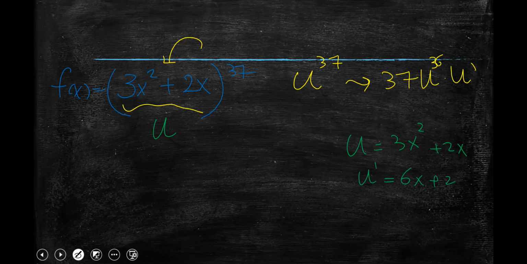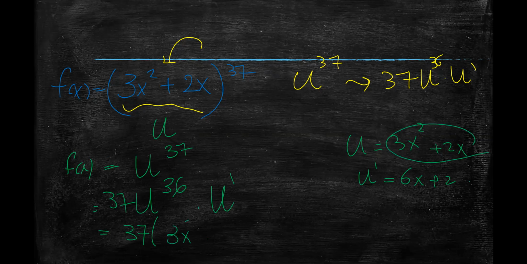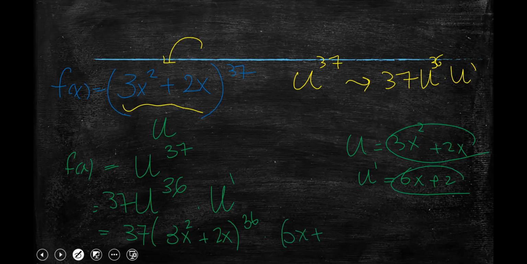Now it is u to the power 37, so differentiating it gives 37u to the power 36, and since I differentiate u, not x, I will say times u prime. So it is 37 times (3x squared plus 2x) raised to the power 36 times u prime, which is 6x plus 2.